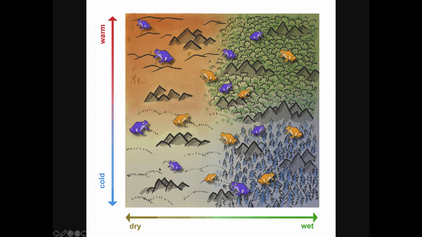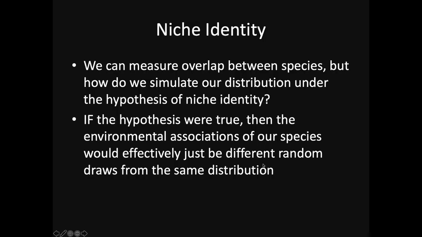So we've got our two species here. They're occupying fairly similar environments, but how do we actually generate the distribution under that null hypothesis of niche identity? Well, if that hypothesis were true, then the environmental associations of those species would effectively be just different random draws from the same distribution. It doesn't mean that the data for the two species is identical.